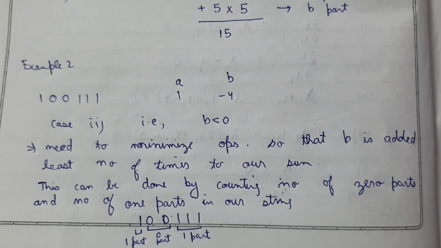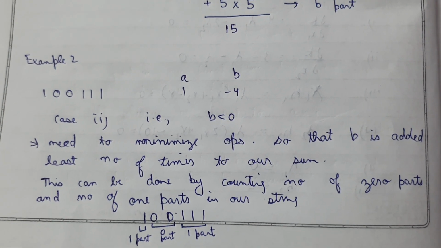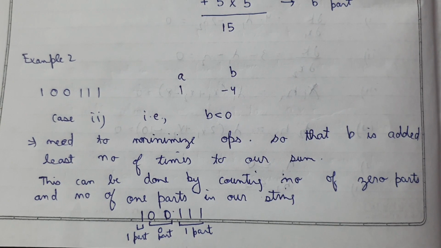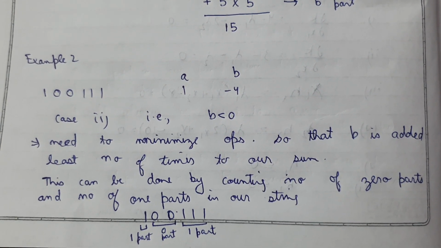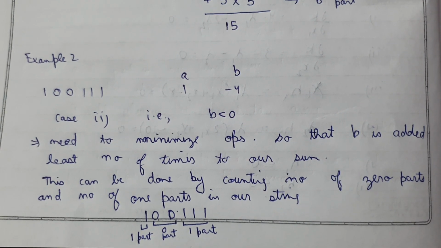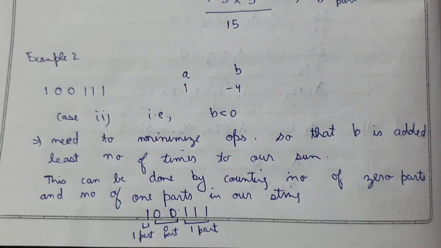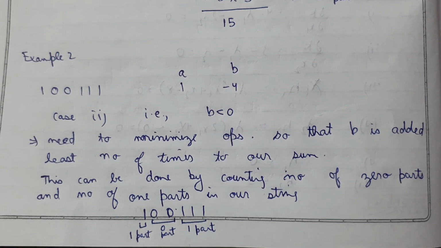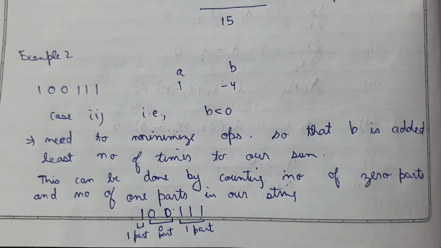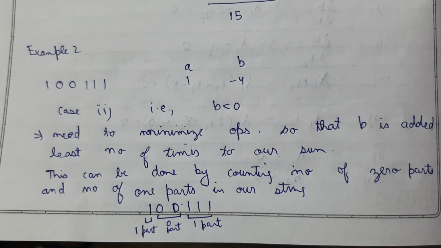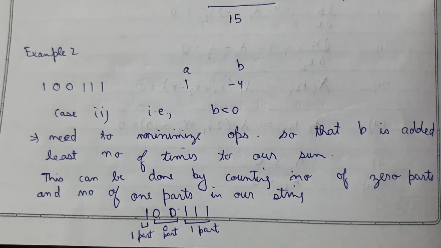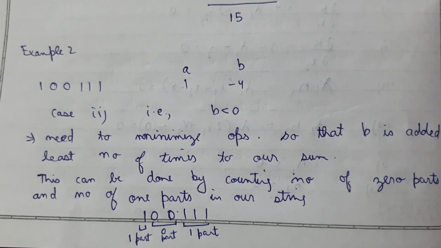We can't delete the complete string in one step, because it consists of ones and zeros. We just need to delete those parts that are consecutively the same. That is, we can either delete a 0 part or a 1 part. So we need to count the number of 0 parts and 1 parts in our string. As we can see, there are 2 1 parts in our string and 1 0 part.